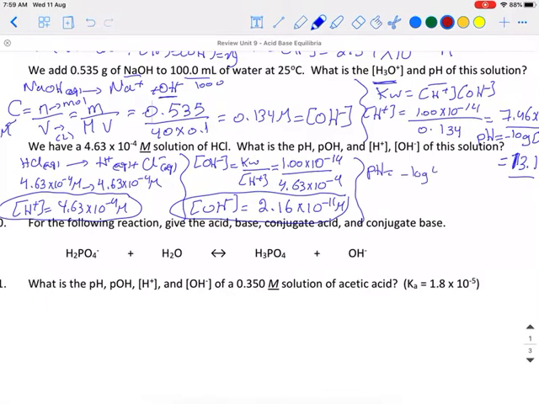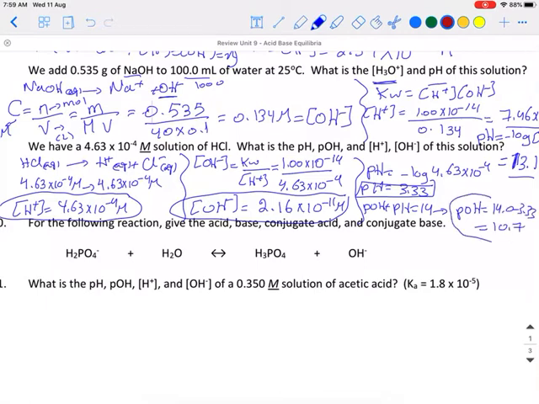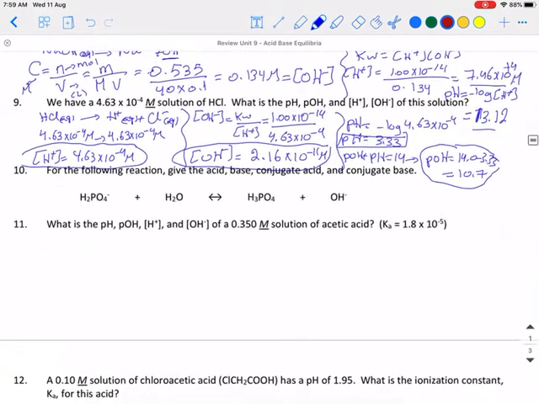Now let us find the pH. pH is negative log H plus, which is 4.63 times 10 negative 4, and the pH answer is 3.33 up to 3 significant figures. We know that pOH plus pH equals 14, which means that pOH is 14 minus 3.33, and the answer will be 10.7.